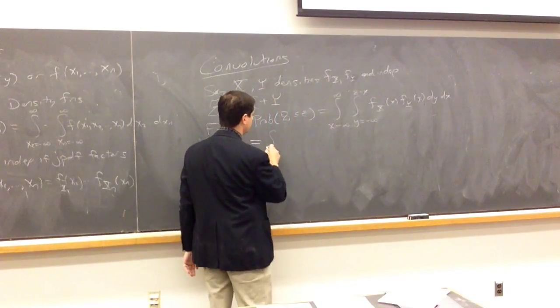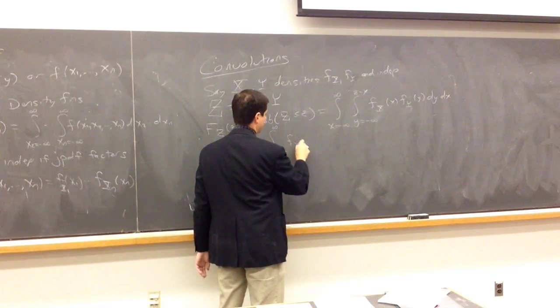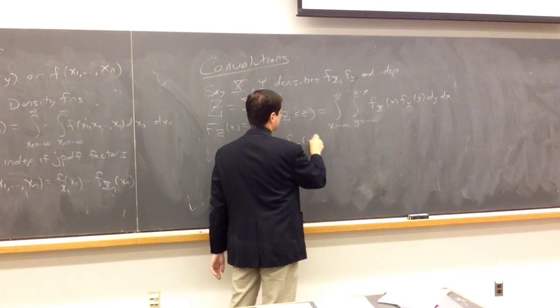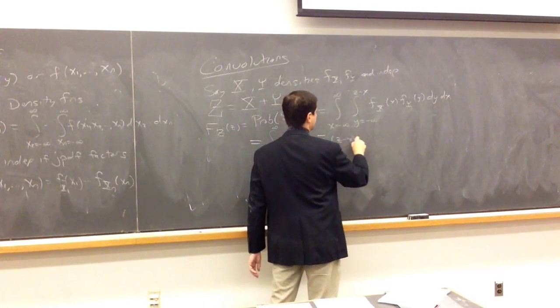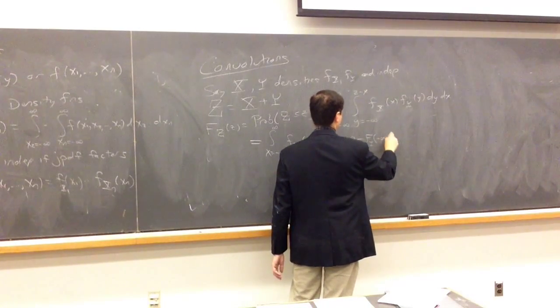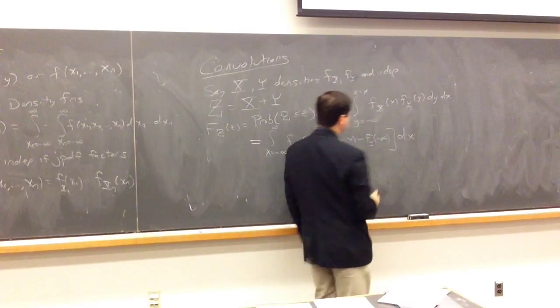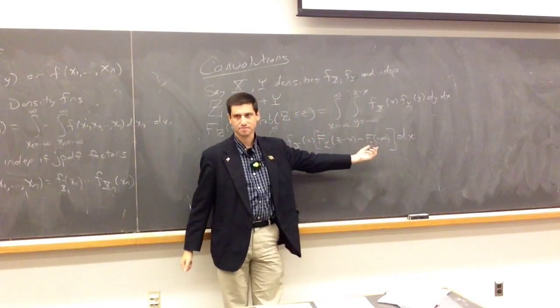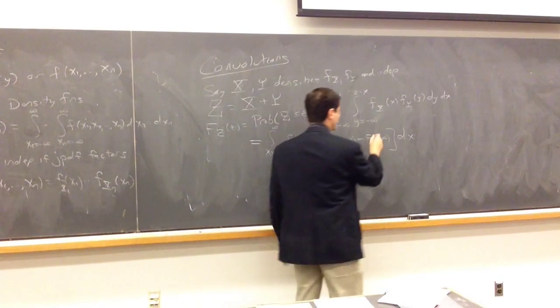So this is the integral, x goes from minus infinity to infinity, fx of x, and then we get big F of y at z minus x minus big F of y at minus infinity, dx. And what's big F of y at minus infinity? Zero. It's a cumulative distribution function, so this is just 0.